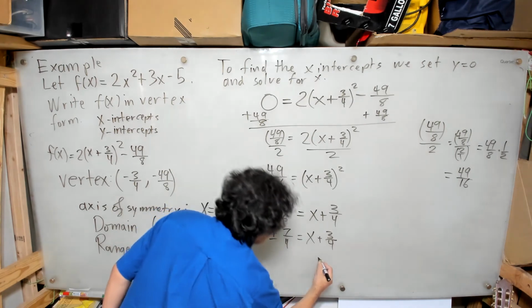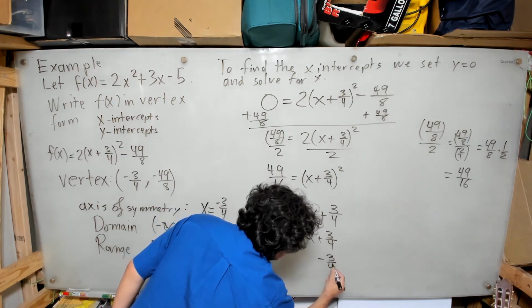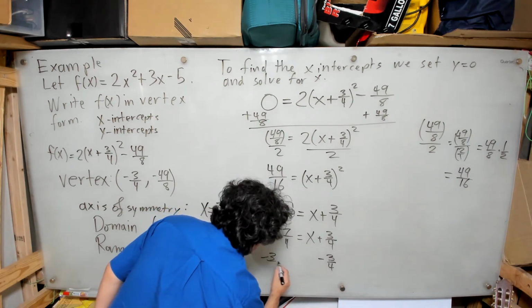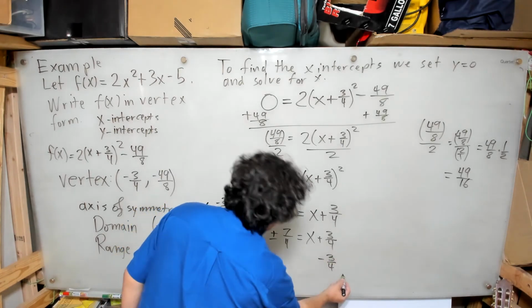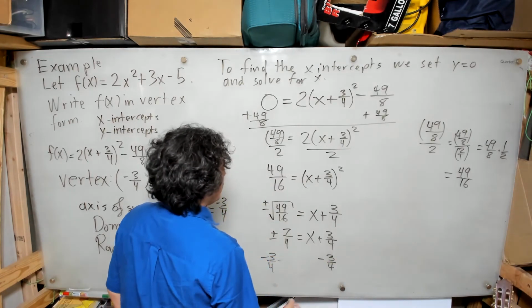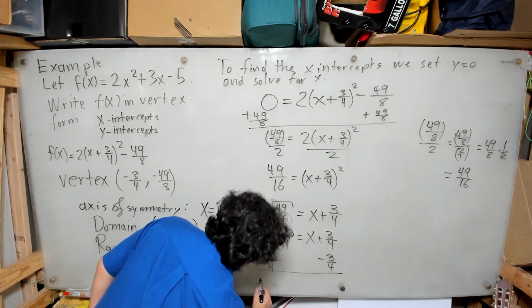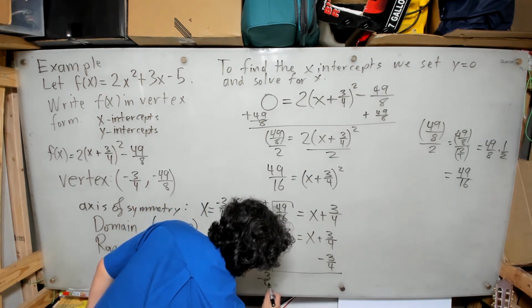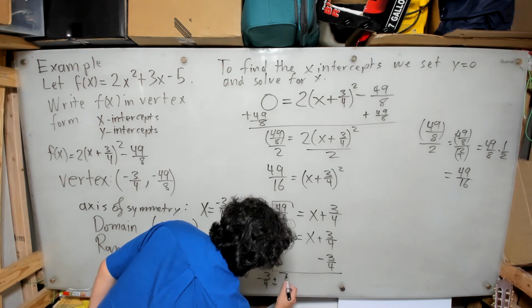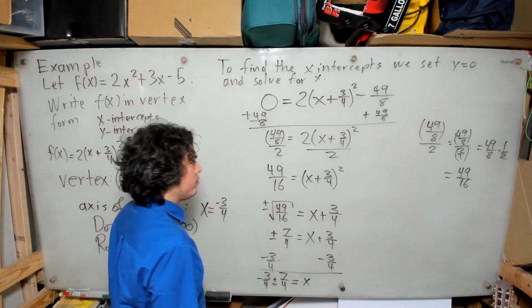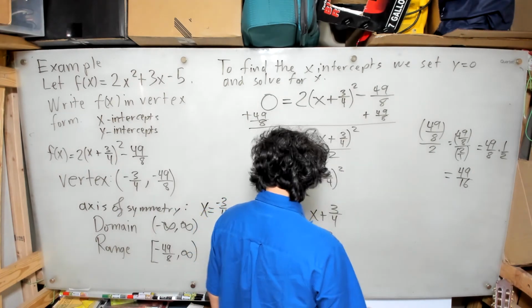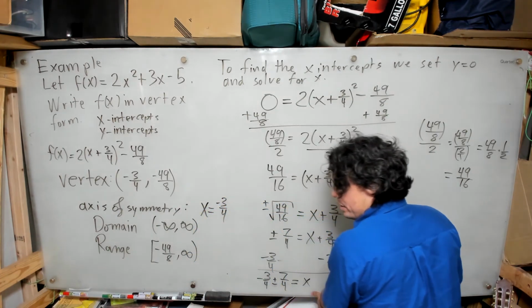I'm now going to subtract my 3/4. Okay, and this is going to go away. And so I'm going to be left with negative 3/4 plus minus 7/4, and that's going to equal my x. So now I'm going to simplify this over here a little bit.